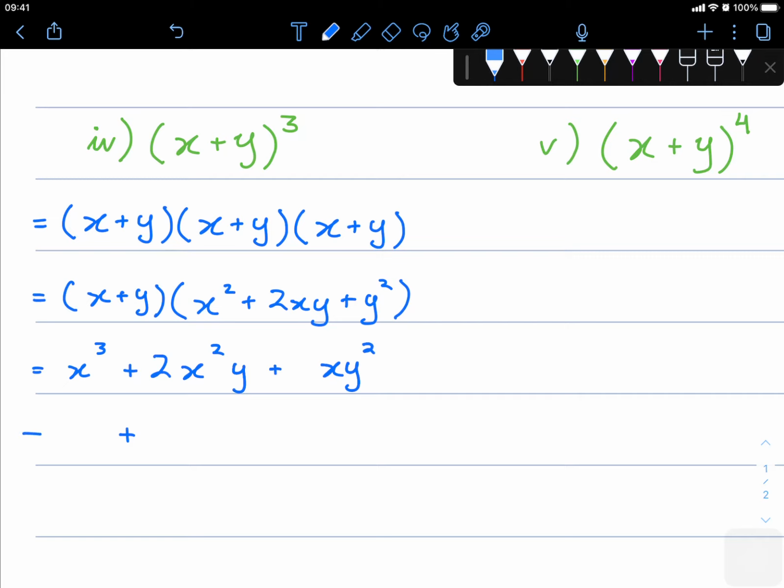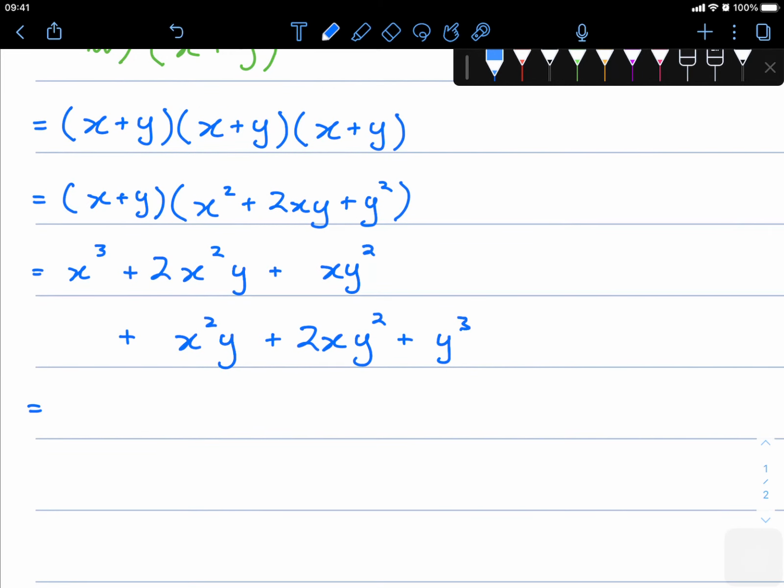Now I usually like writing it on another line, but I'm going to match the like terms like so. Take a look. Y times x squared is going to become x squared y. Y times 2xy is going to become 2xy squared. Notice how it's already matching up like terms. Makes it a lot easier later on. Y times y squared is going to become y cubed.